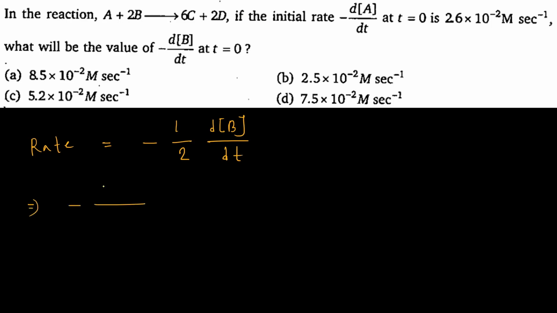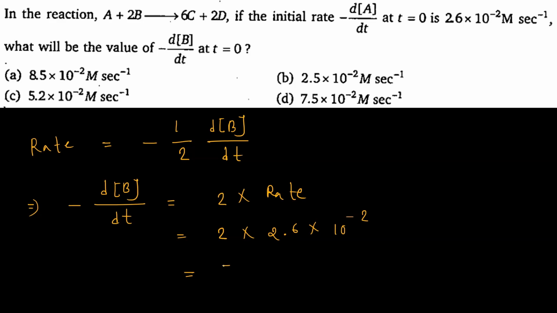So the rate of disappearance of B will be 2 multiplied by rate. So the answer will come out to be 5.2 into 10 power minus 2 molarity per second. So answer will be option number 3.